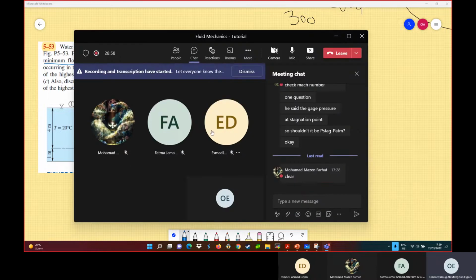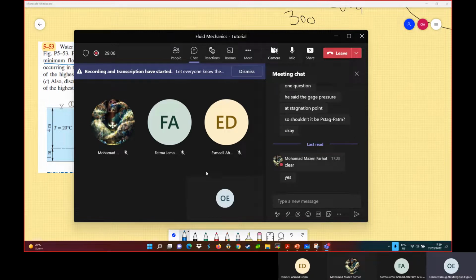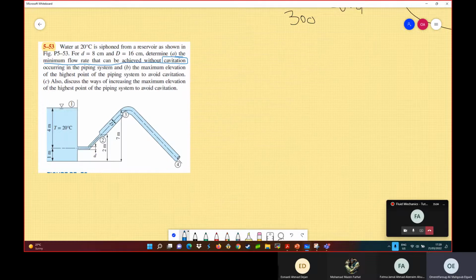Now, before we solve this question, do you know what's cavitation? Did you do the fluid lab experiment related to cavitation? Okay, so you know what's cavitation. Cavitation is simply when the pressure in the pipe at a certain region, maybe this point, maybe this point, drops below the saturation pressure, P sat, at the temperature given in the question.